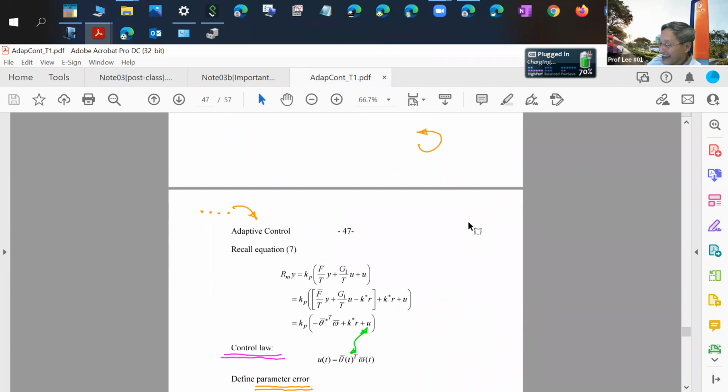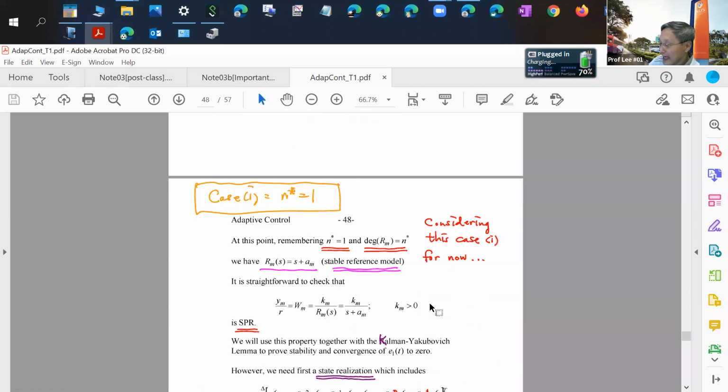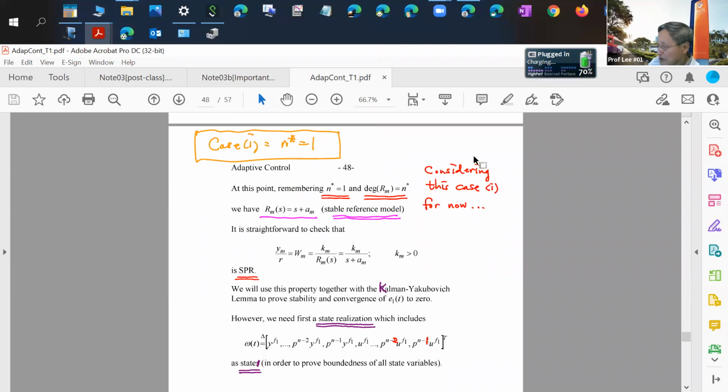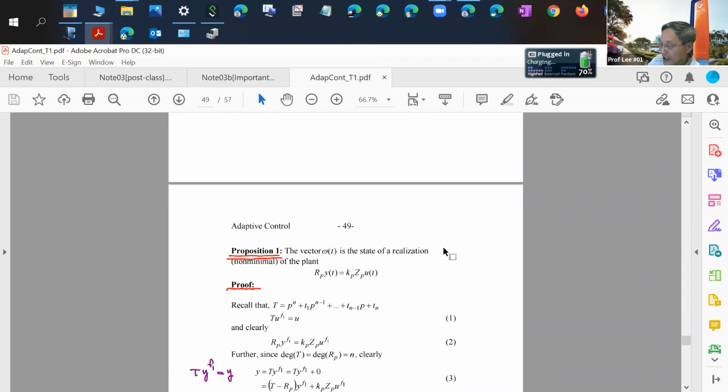You rearrange, as we saw, and the equation that came out was this, as I said earlier. Then in order to develop the adaptive law, we needed the two intermediate results.